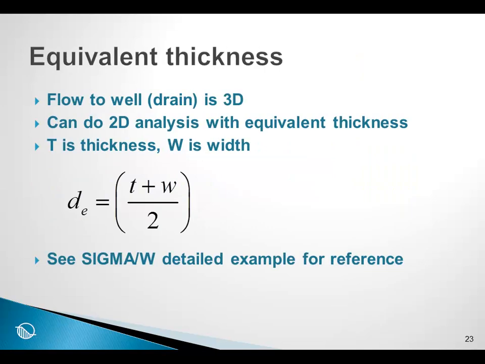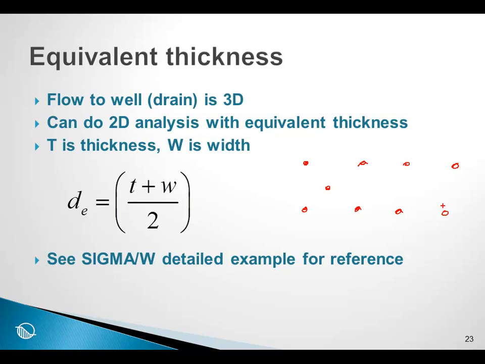When these drains are installed, they are installed on some kind of a square pattern or a triangular pattern, so they may be on a pattern like this or some other pattern.